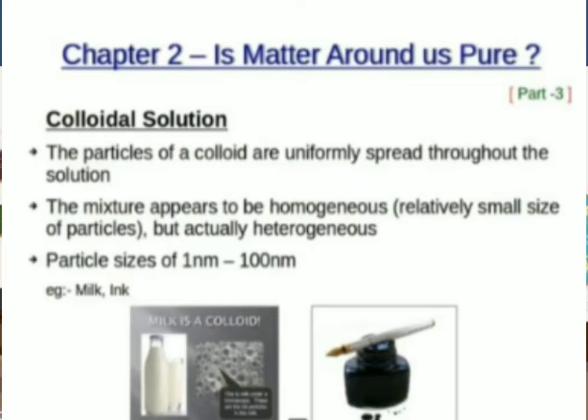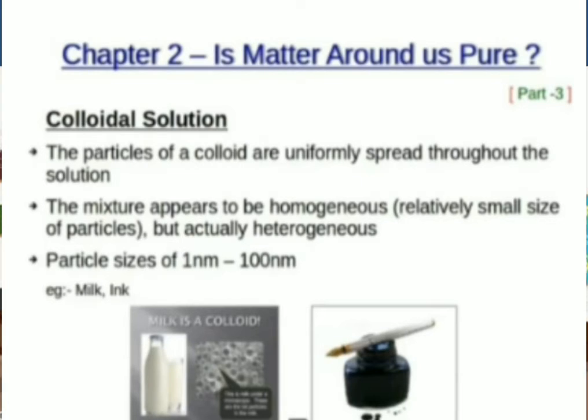The mixture appears to be homogeneous, but actually the mixture is heterogeneous. When we look at the particles, they appear homogeneously arranged, but actually the mixture is heterogeneous, and the size will be 1 nanometer to 100 nanometer.